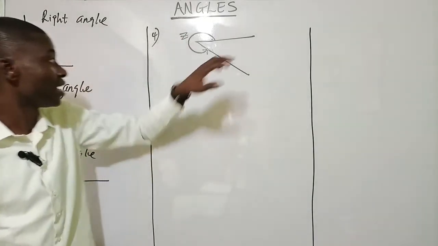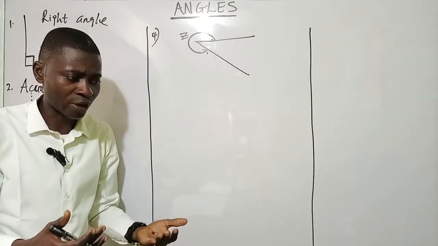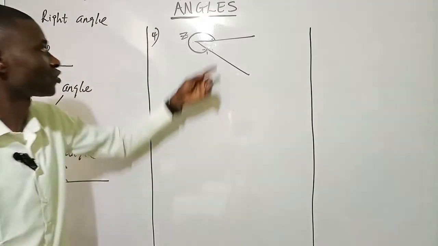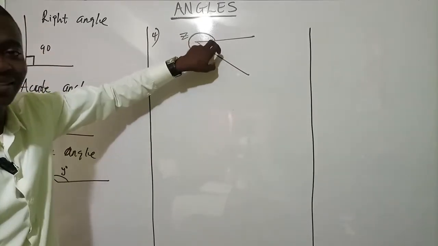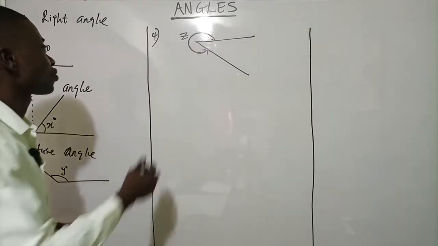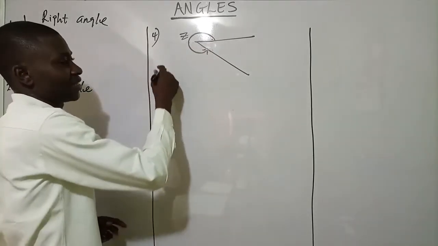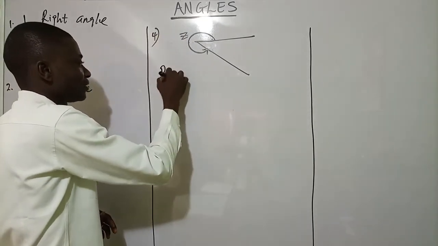The sum of angles on a straight line is equal to 180 degrees. So an angle that is greater than 180 degrees but less than 360 degrees is called a reflex angle.